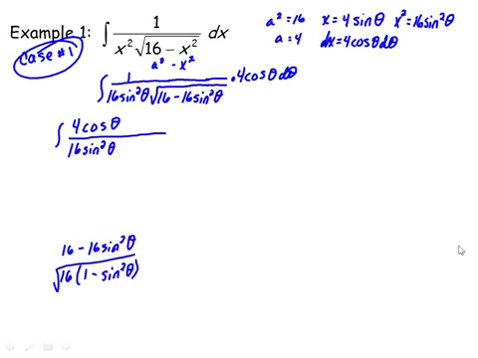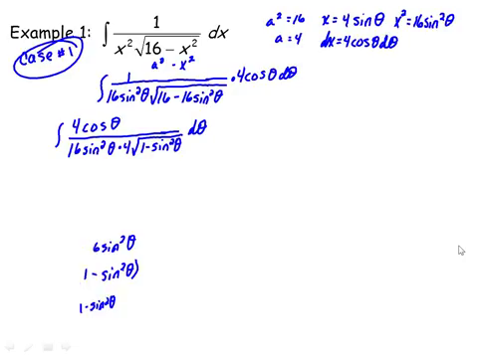Square root of 16 is what? 4. So you have 4 times the square root of 1 minus sine squared theta. And of course, we still have the d theta. Okay? You have this algebra written down, yes? Because I'm fixing to erase it. Are you with me? Alright, so I'm going to erase that.